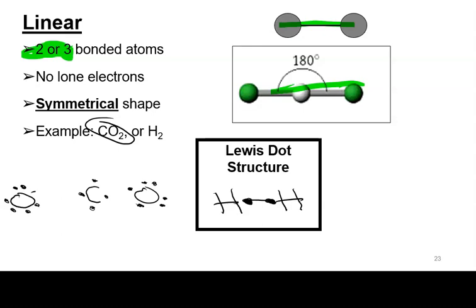So any time we're going to see, in this case, there's going to be some double bonds. That's also a linear shape, though. See how it's flat like a line? So that's linear.